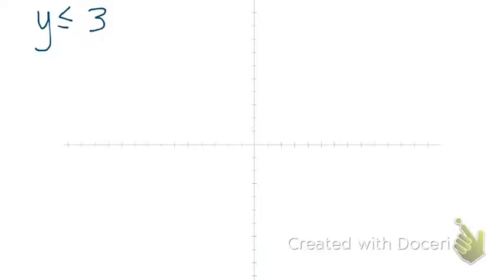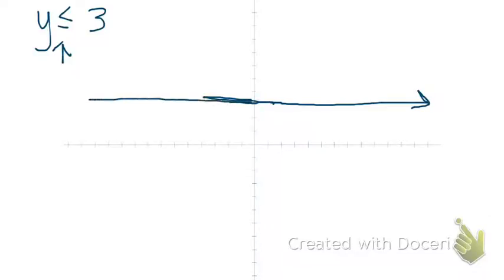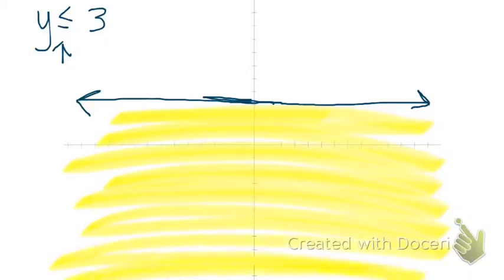Because there's nothing else, it's going to be a horizontal line. But we have to look at this symbol here. What kind of line am I going to have? If it is equal to, that means I have a straight line. It's not dashed, it's solid. That goes right through 3 on the y-axis. And now we have to shade. On what side of that line, the top or the bottom, is y going to be less than or equal to 3? Well, if it's less than, then it has to be the bottom. Notice I'm going to color in this whole region.